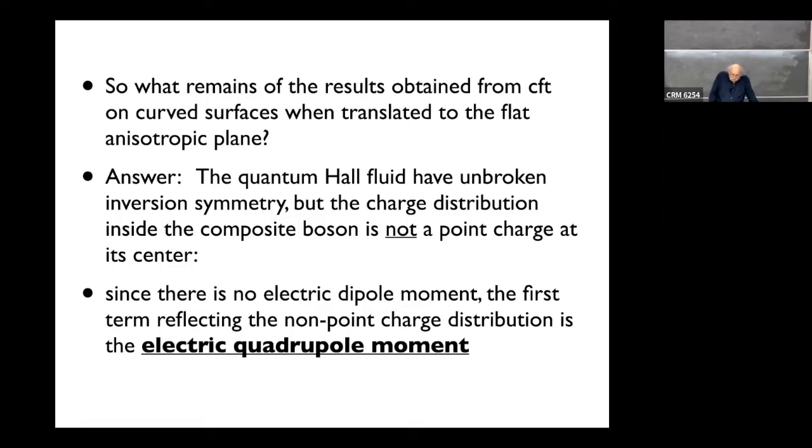And since there's no electric dipole moment in the composite boson, at least when it's at rest, the first non-trivial term in the expansion is the electric quadrupole moment of the composite boson. The electric field acts at a point.